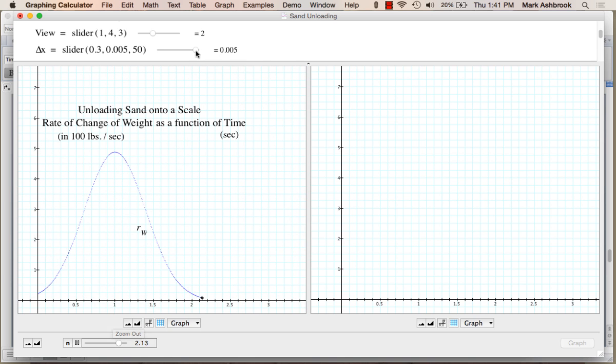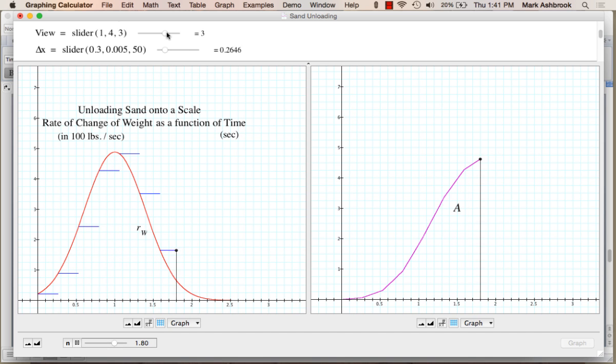Okay, so then, back to view 3. View 3 will show both the generation of the approximate rate function and the approximate accumulation function based on that approximate rate function. So delta x is 0.2646.